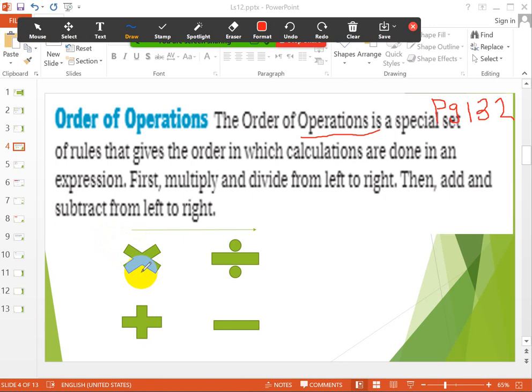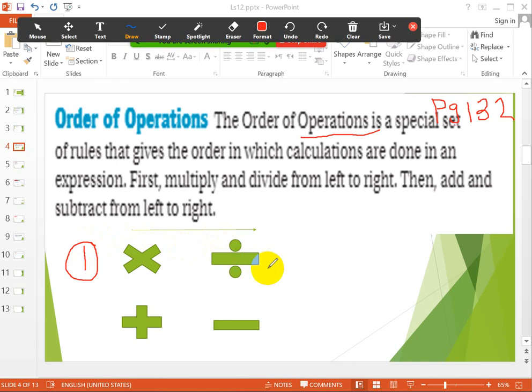The order tells me that if you have an expression, you have to start with multiplication and division. The first operation in math is multiplication and division.